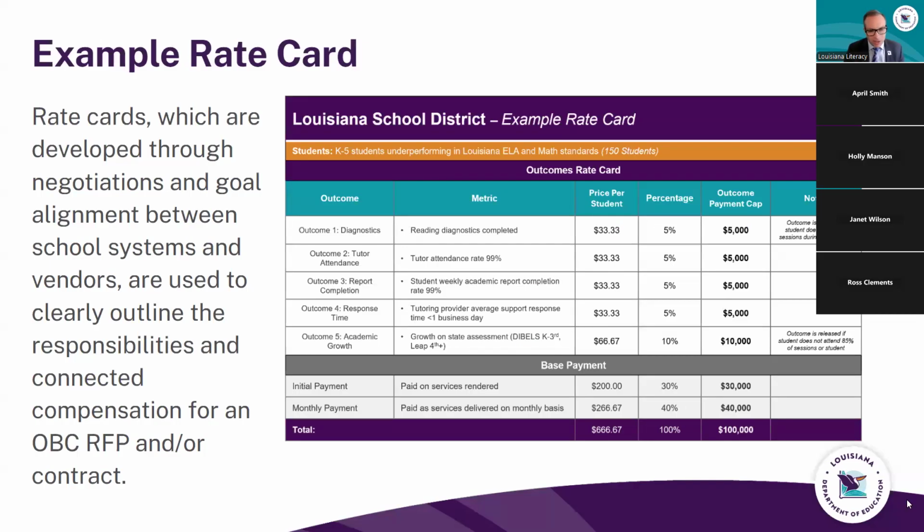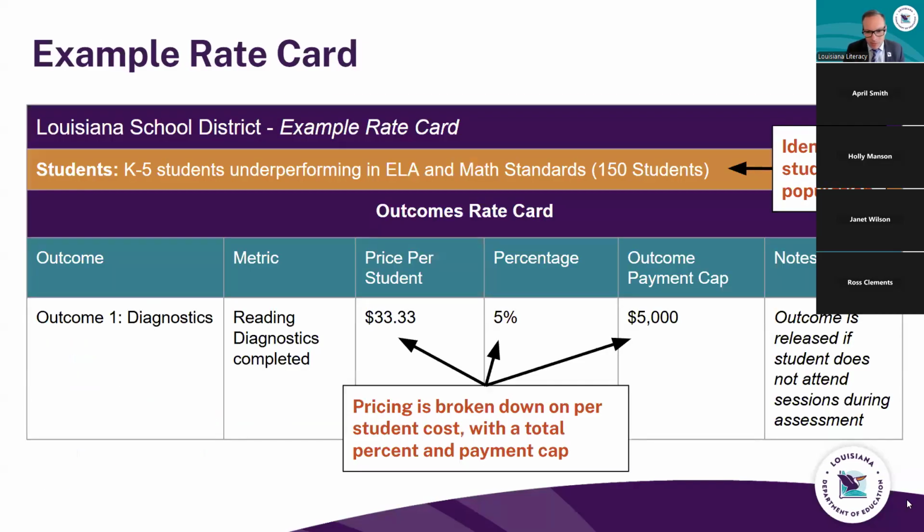All right, so looking more closely at this example rate card, you can see that it provides a clear breakdown of how the compensation is structured, including the student population being served, per student cost, and overall payment caps.